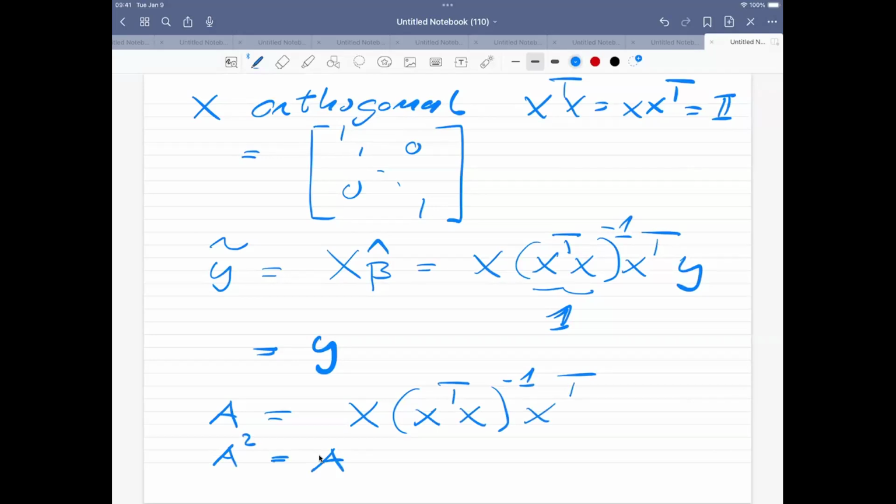And that holds simply because, if you are now assuming that this matrix does not need to be orthogonal. So this assumption which we are making does not require that the matrix X is orthogonal. But if you multiply them out, they're going to act like that. Now, do you remember what you would call this type of matrices?